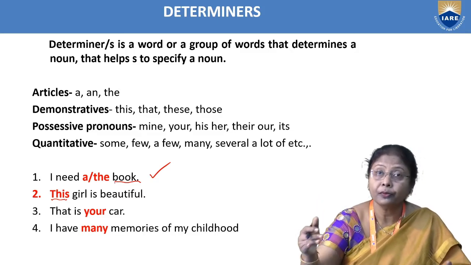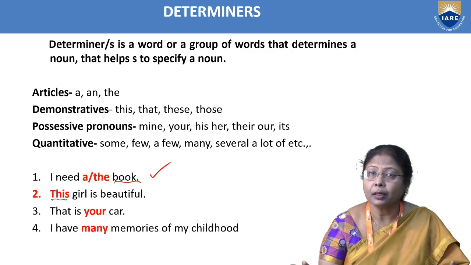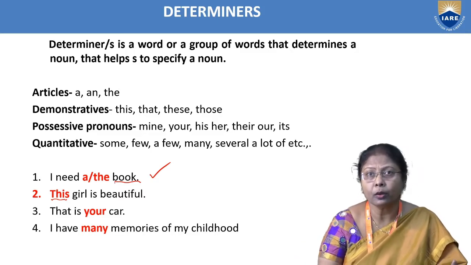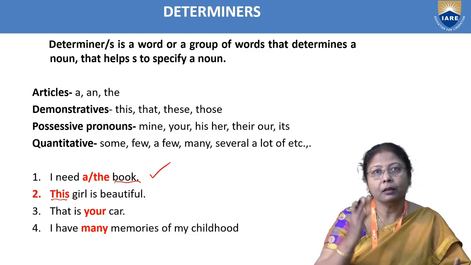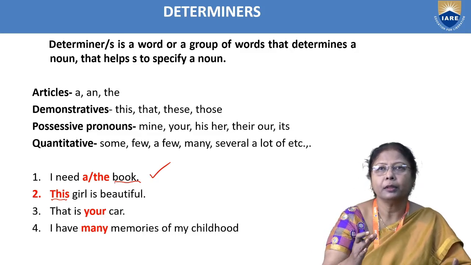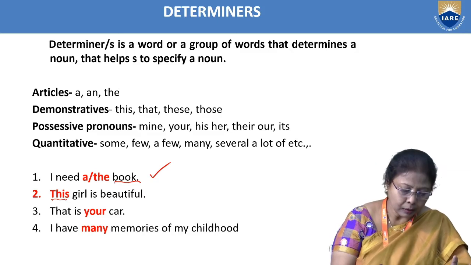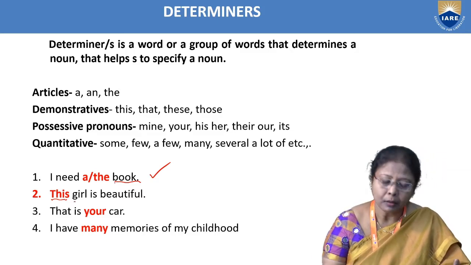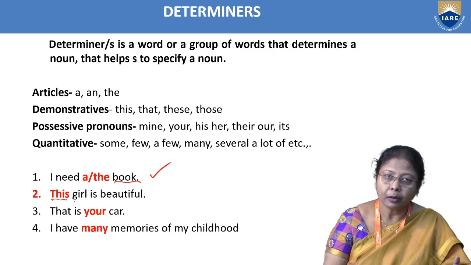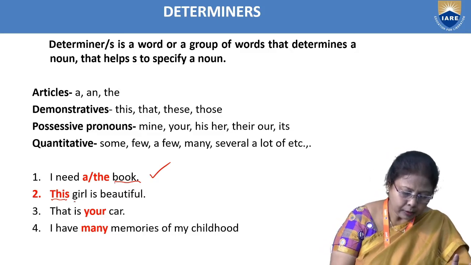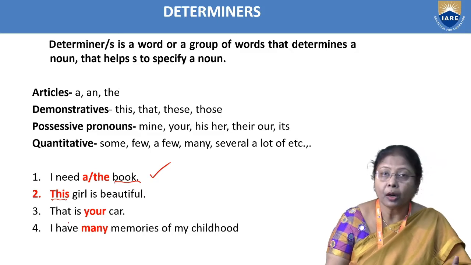This girl is beautiful. It's not "a girl is beautiful", which is the indefinite article. In this way also we can write, but here this acts as a determiner in front of a noun. This girl acts as a noun. This is a demonstrative. So the next sentence is, that is your car.